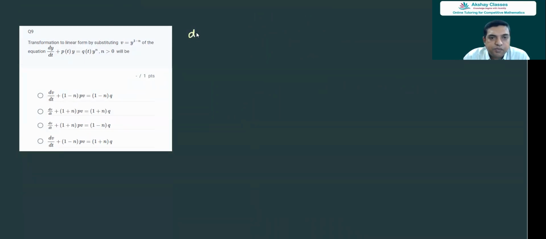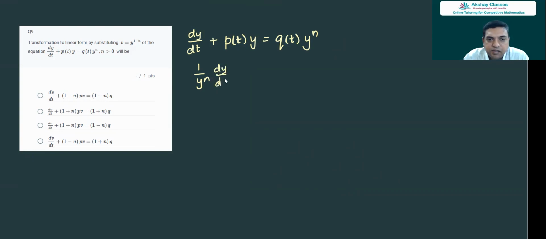So dy by dt plus p of t times y is equal to q of t times y power n. So naturally we divide by y power n. So we get this, p of t times y power 1 minus n is equal to q of t.